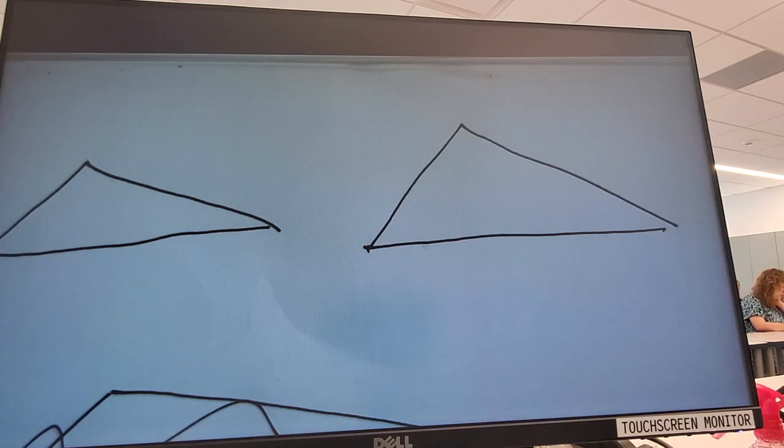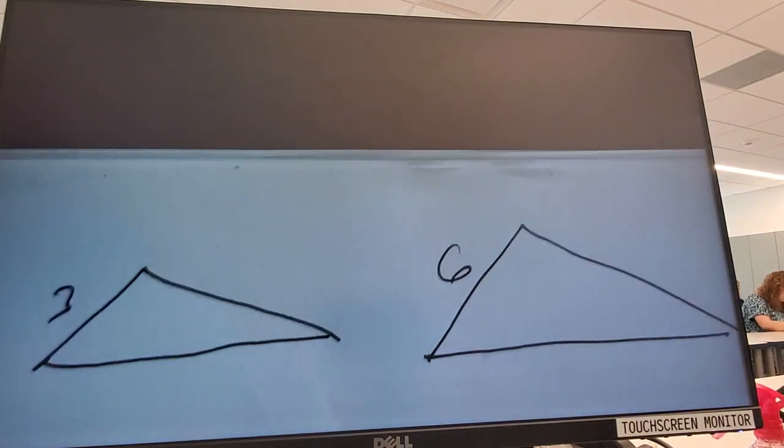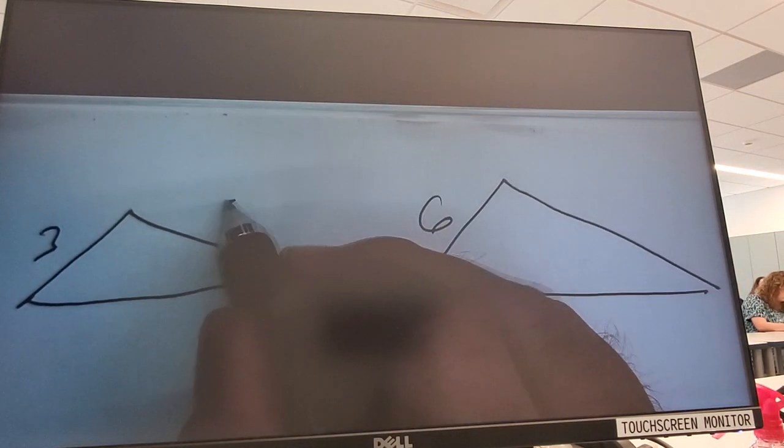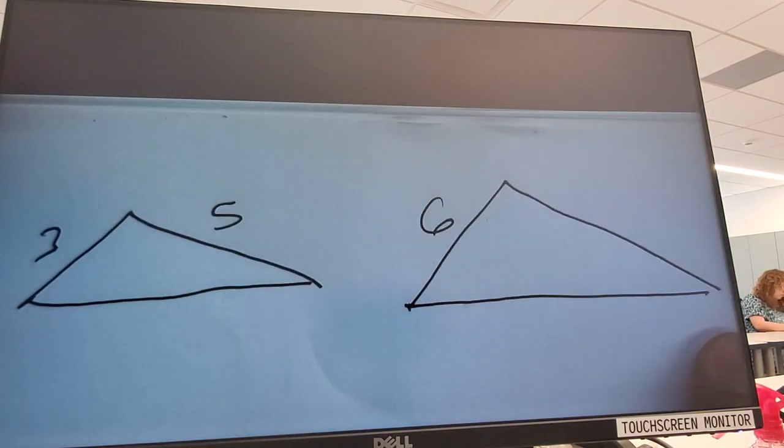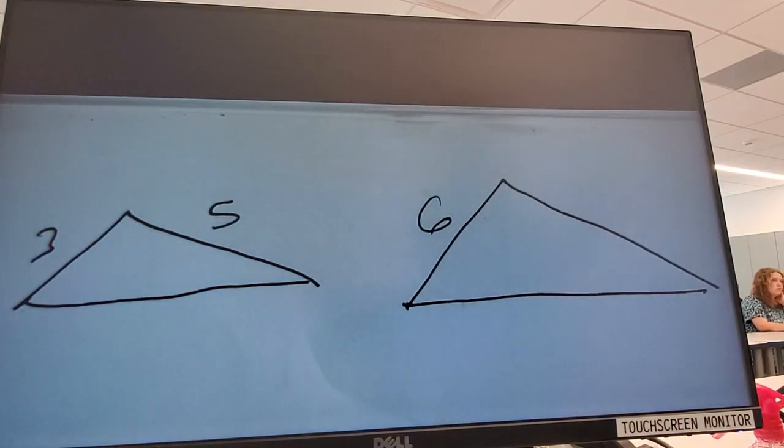So for example, if this side length is 3 and this side length is 6, and this side length is 5, how long must this side be here? So those two are similar. They have all the same angle measures.